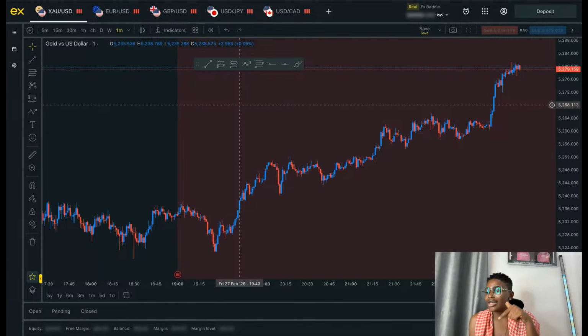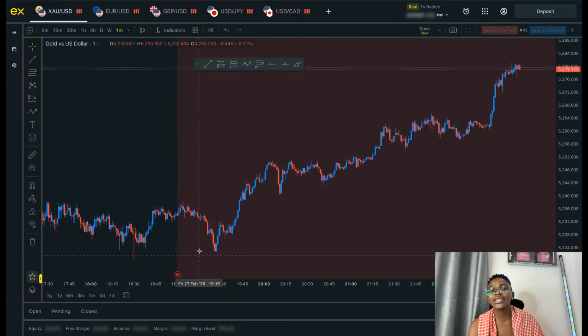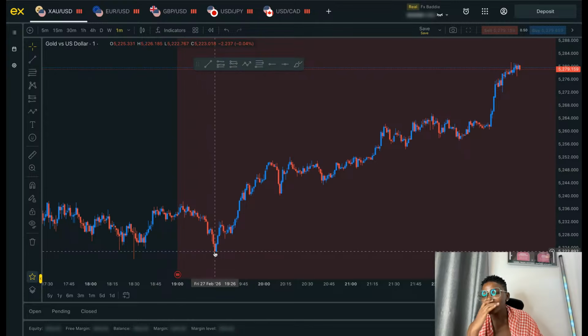If the trend is going down, follow it and go down. Simple. Imagine people who started buying gold from right here. Imagine the money. Jesus, that's a lot.